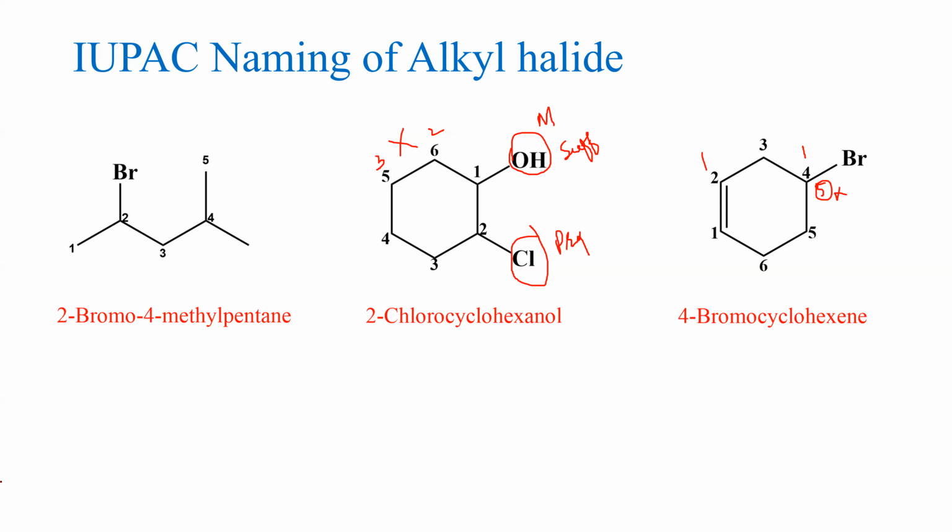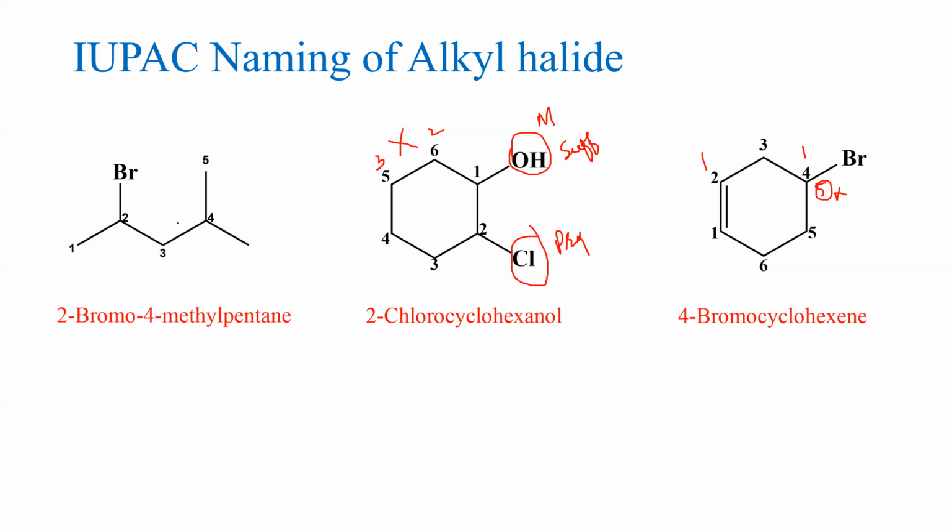So the name is 2-bromo-4-methylpentane, right? The longest chain is 5 carbons, so for this we will use pent, right? And ane is to mention that this is the alkane one, right? Now for the prefixes, the second carbon is where there is a bromine, so we have to mention the 2.